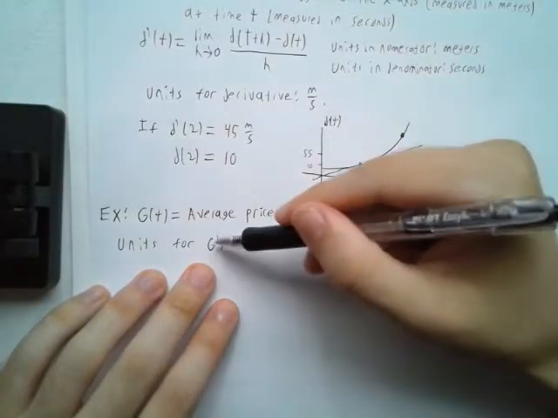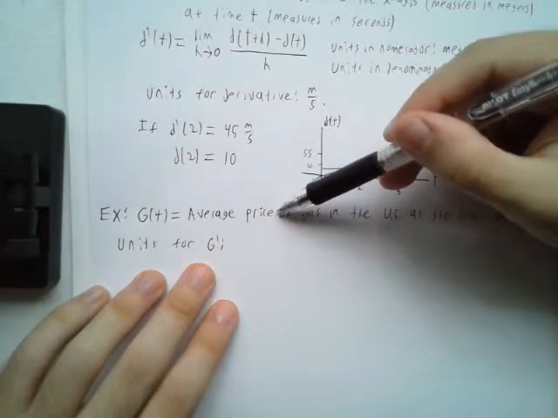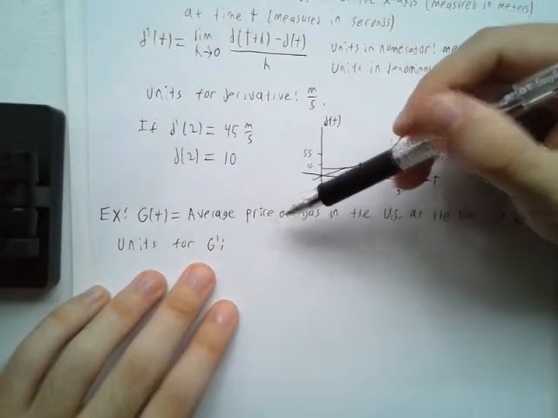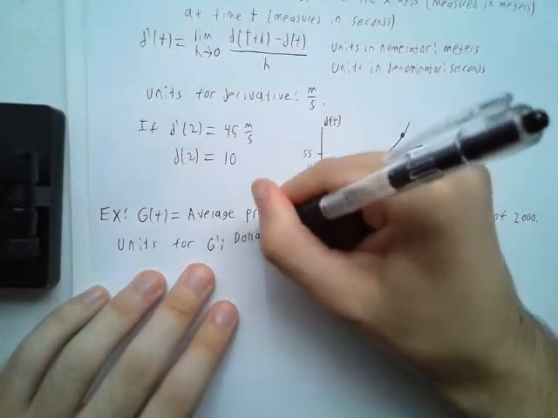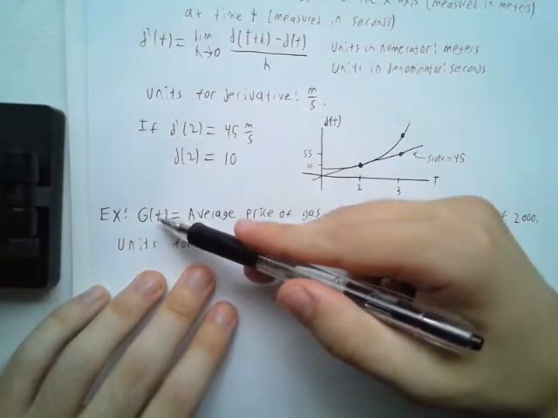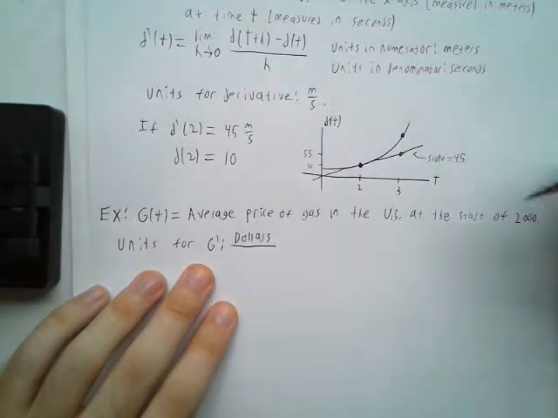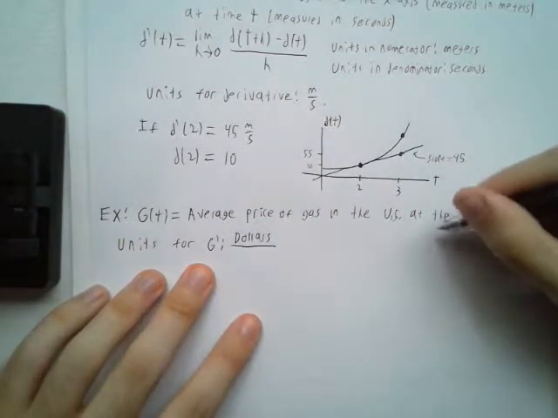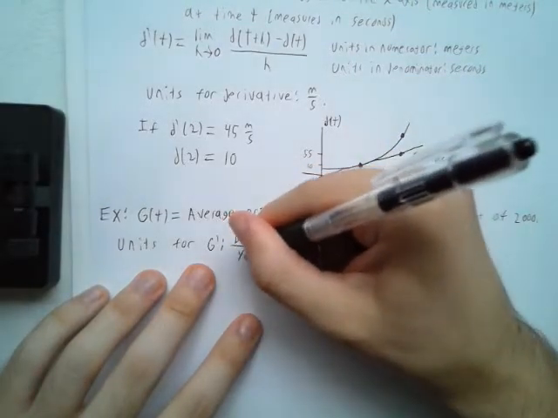And so the price will be measured in dollars. So that means the units in the numerator for g prime should be dollars. The units in the denominator will be the units for the input variable, which in this case is time. And we're measuring time, I guess I didn't say, but t is in years since the start of 2000. So this would be dollars per year are the units for g prime.